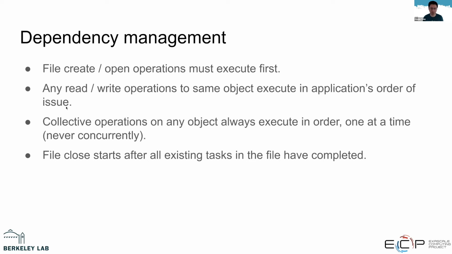And any read or write operations to the same object will be executed in the application's order of issue, so we keep the execution order of the application and keep the data consistency. And as I mentioned previously, the collective operations will be executed in order and one at a time. And the file close starts when all the tasks of the file have been completed.